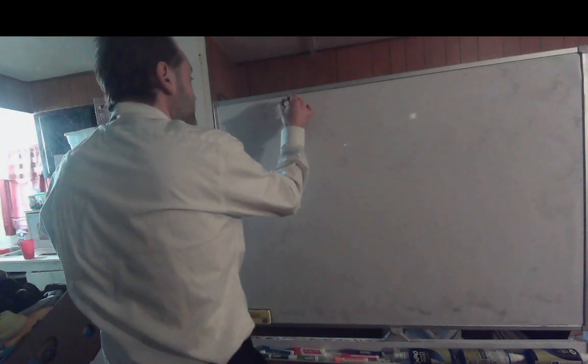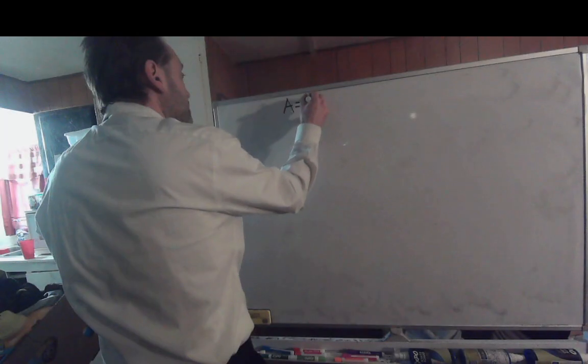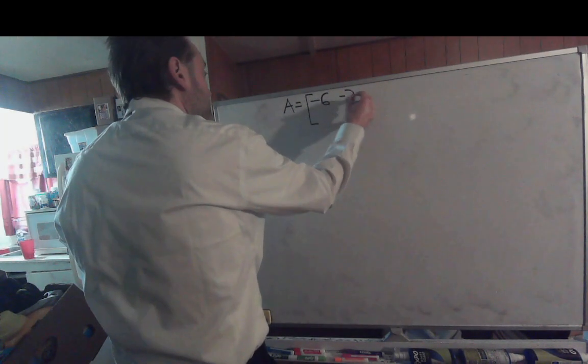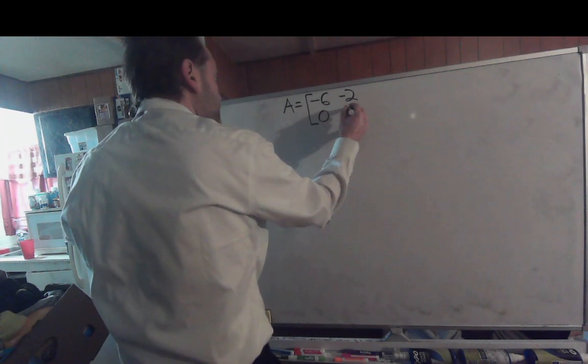All right, so what's next? We have another setup here. It's similar. Matrix A has the entries -6, -2, 0, 3.